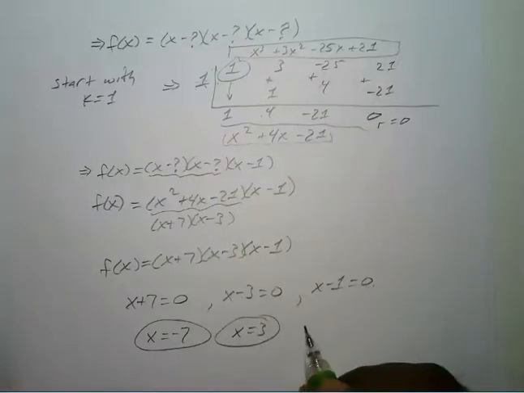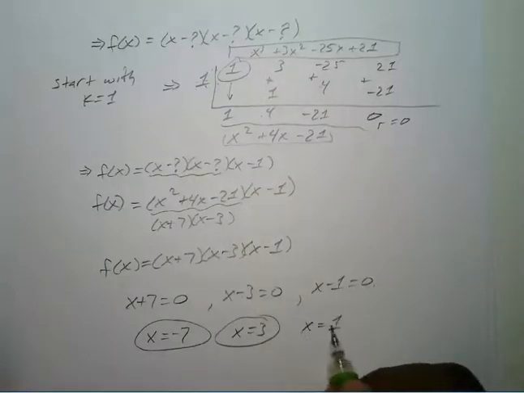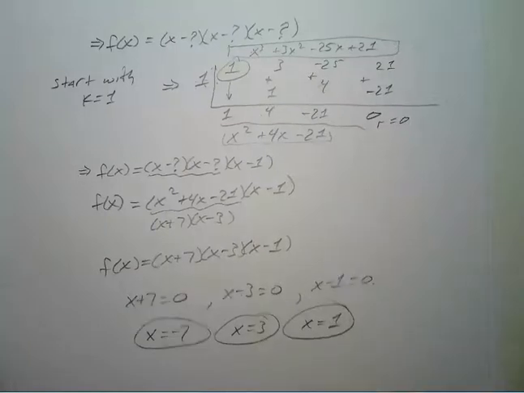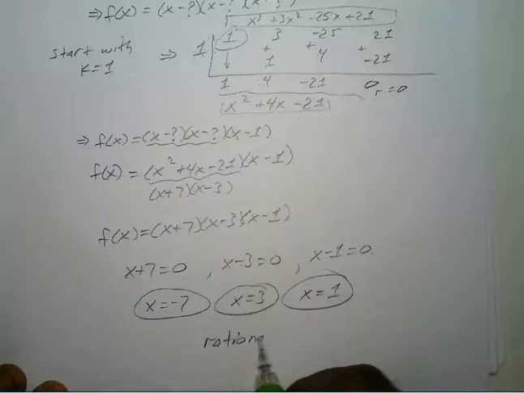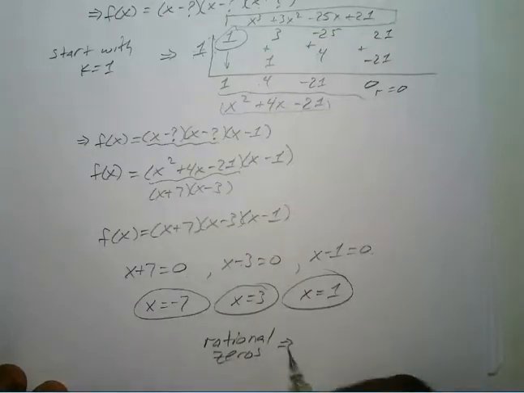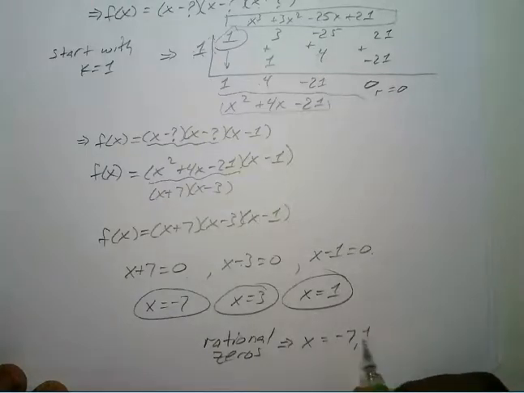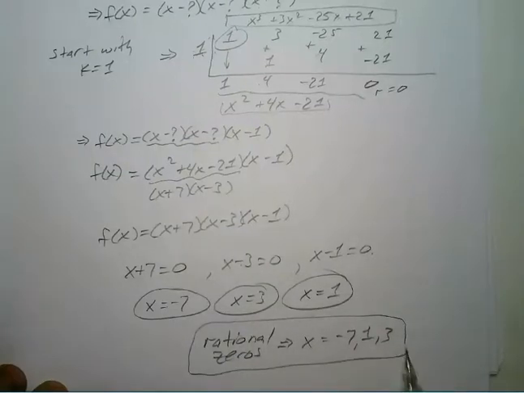Add 1 to both sides, x equals 1. Okay, so your rational zeros are x equals negative 7, 1, and 3. Now you don't have to put them in ascending order. I just happen to do it. Any order is fine as long as you have all the values there.